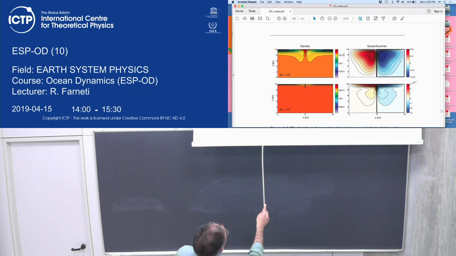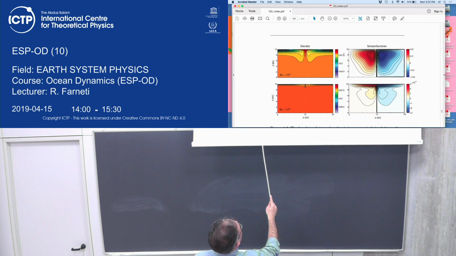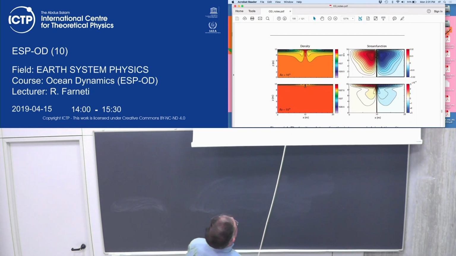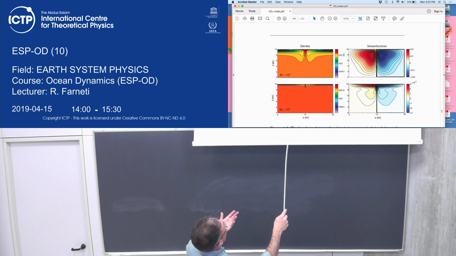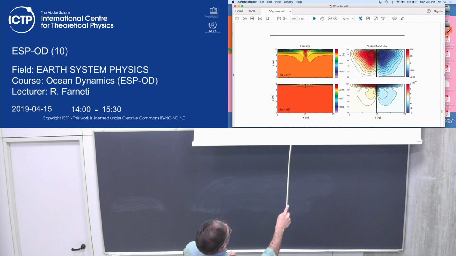I should have said that this is the equator, so here is very warm, the boundary condition, and here is very cold, and here is very cold. We're getting two symmetric circulations, not just one. So you have the very dense water at the bottom, which is eventually mixed through diffusion with the very warm water at the surface, and you have something like a thermocline here, which is relatively shallow.